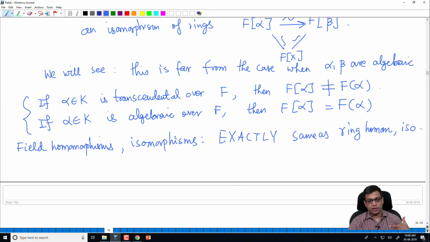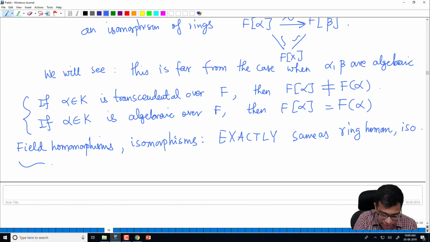If you have two fields F and K, a homomorphism is basically just a map of them as rings. It will automatically be a homomorphism of the multiplicative group also. Similarly, a field isomorphism is nothing but a ring isomorphism. It is a field homomorphism, so it is a ring homomorphism, and it is bijective.